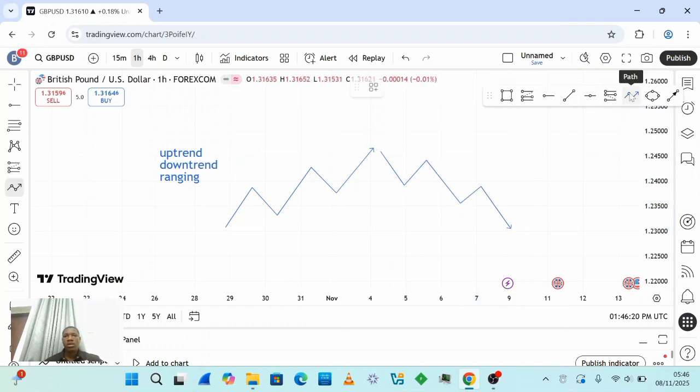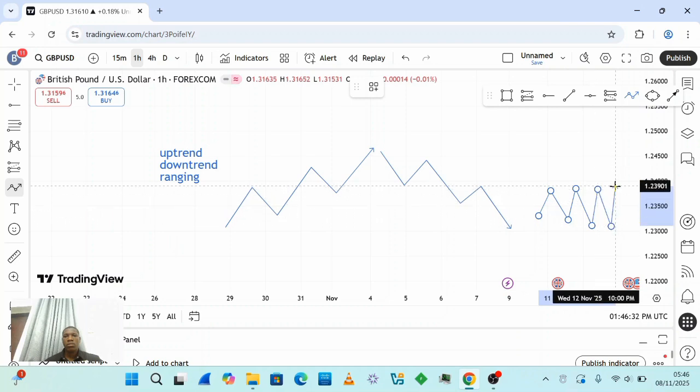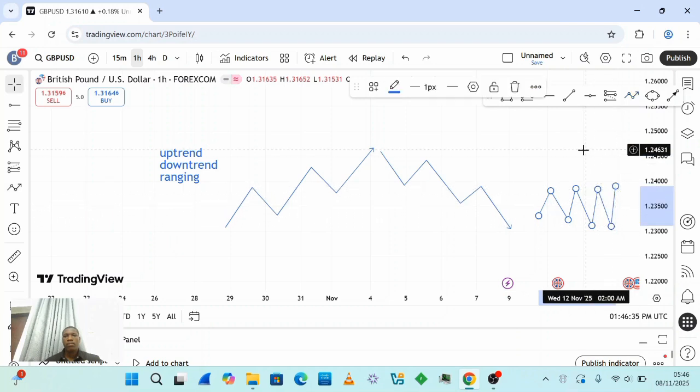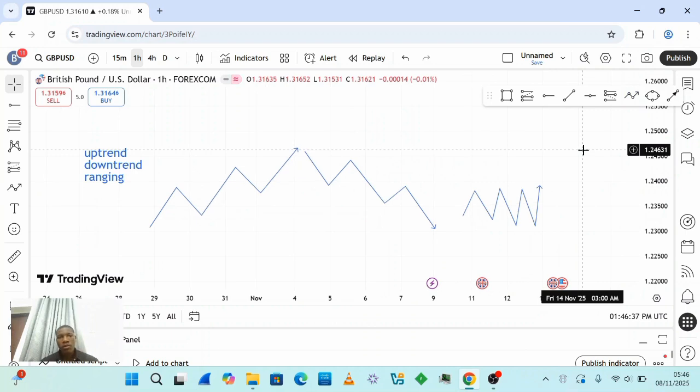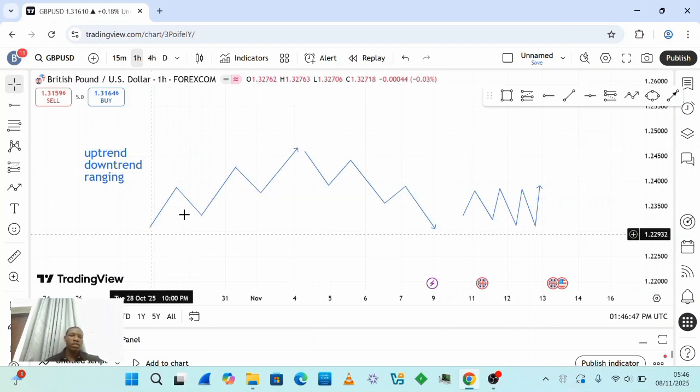And here is a ranging market. In each form of market, there is a different way of trading them. And now this is an uptrend.